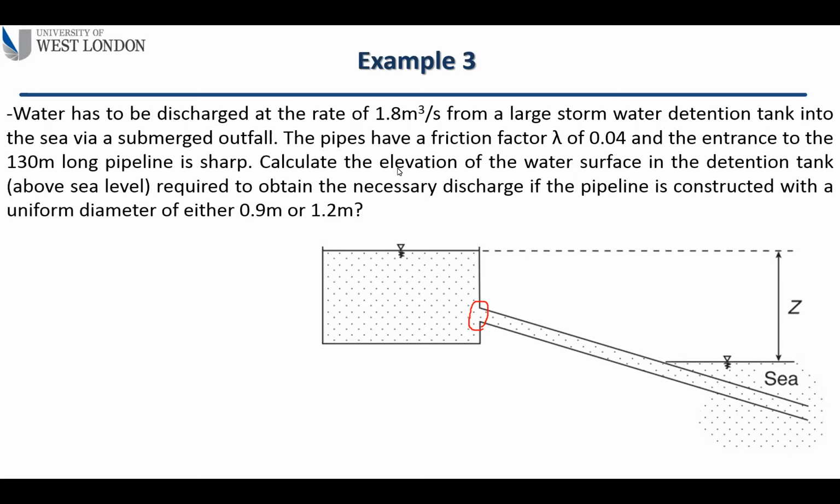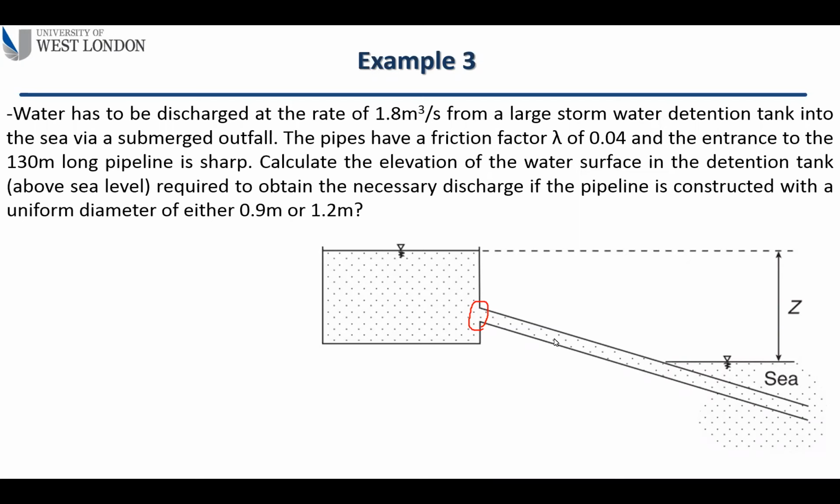The question here is to calculate the elevation of the water surface in the detention tank above the sea level required to obtain the necessary discharge, if the pipeline is constructed with a uniform diameter of either 0.9 meters or 1.2 meters.